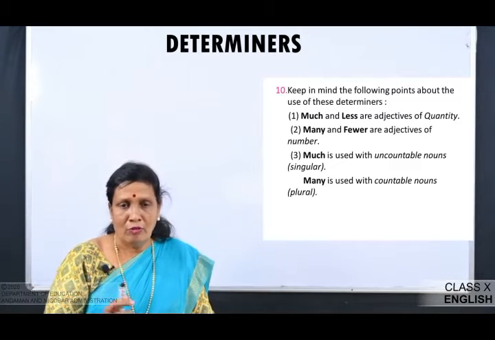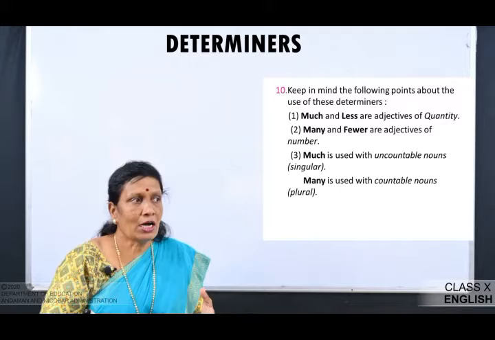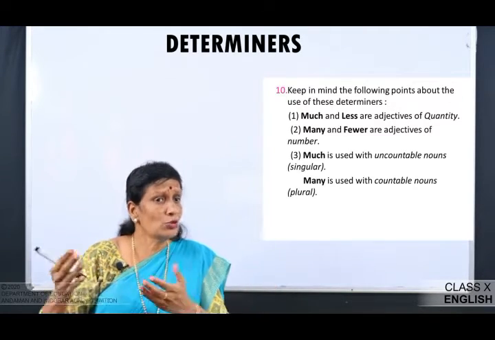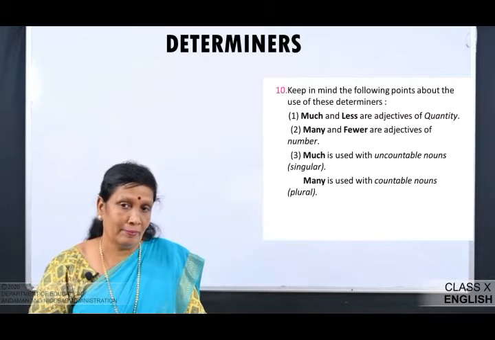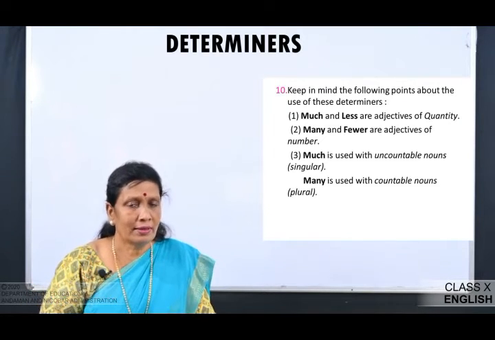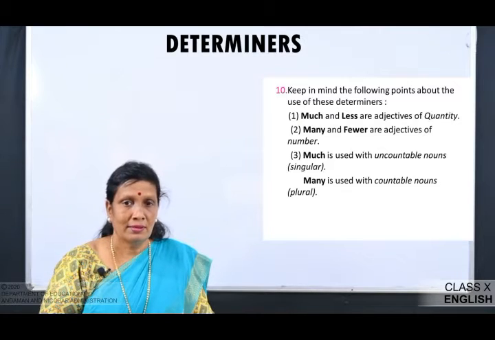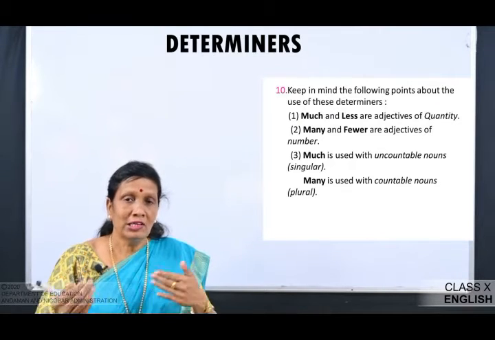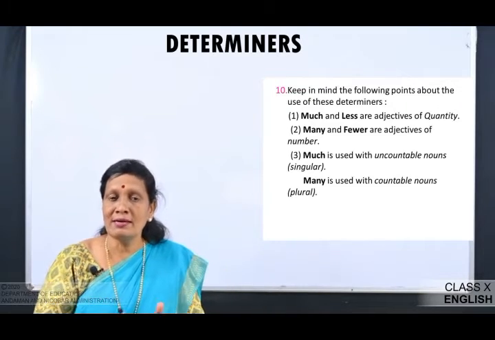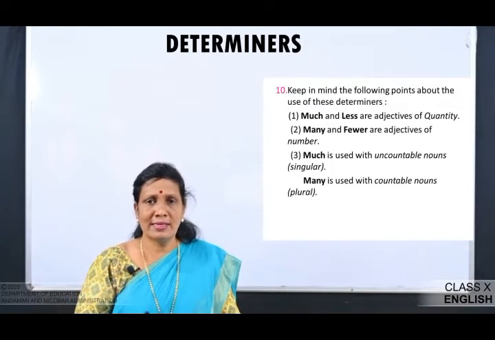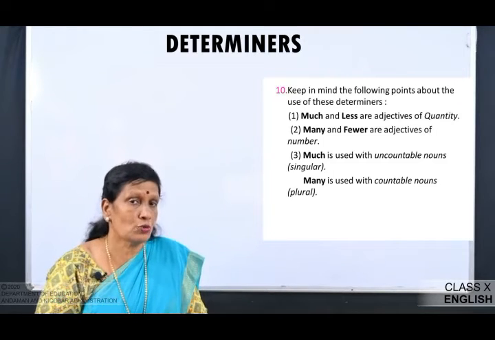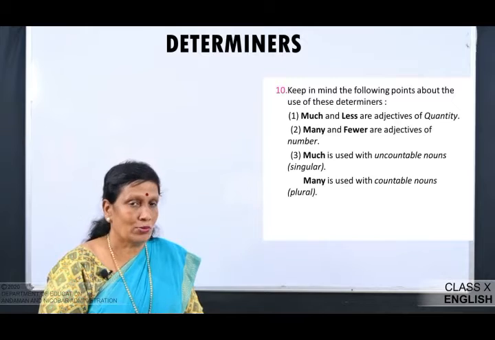For example, uncountable nouns: there isn't much oil in the can. There isn't much sugar in the house. Sugar, oil, rice, things which you cannot count, you say much. You don't say there isn't many sugar in the house. Right? There isn't much sugar in the house.